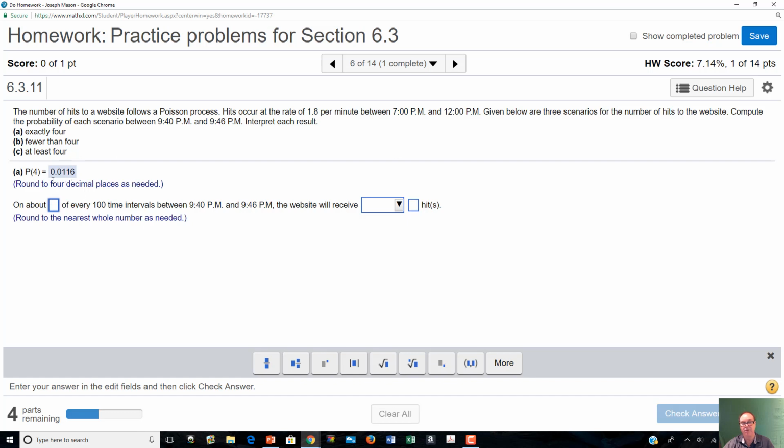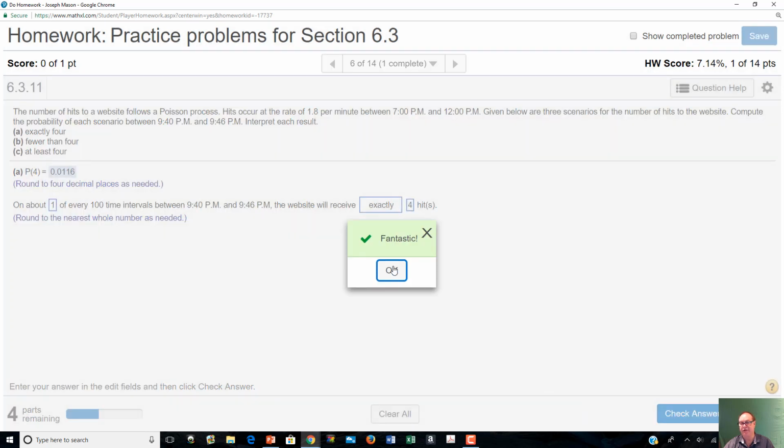So if I take 100 times this, I'm going to end up with 1.16. Round it off to the nearest whole number, it's 1. So 1. The website will receive. Now, this was equals, so it's exactly. And how many hits? 4 was our answer. So this is how you would answer the second part of this question. This is different than question 5. So we check answer. Fantastic.